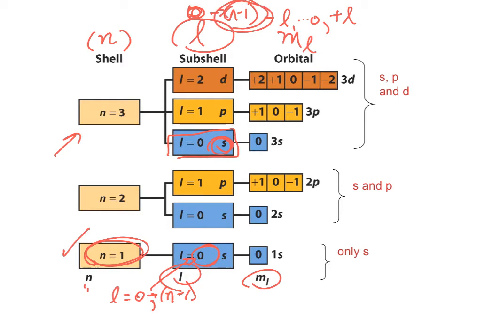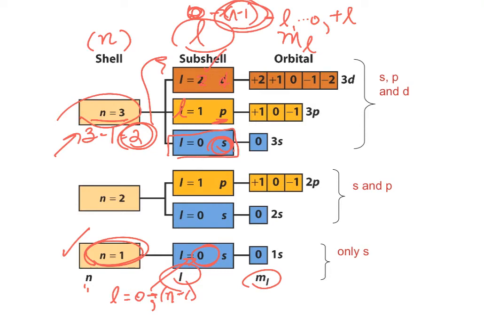So if n equals 3, 3 minus 1 equals 2. That means the maximum value that l can have for n equals 3 is 2. So we have l equals 0, s orbital, l equals 1, p orbital, and l equals 2, d orbital, if we are in n equals 3.